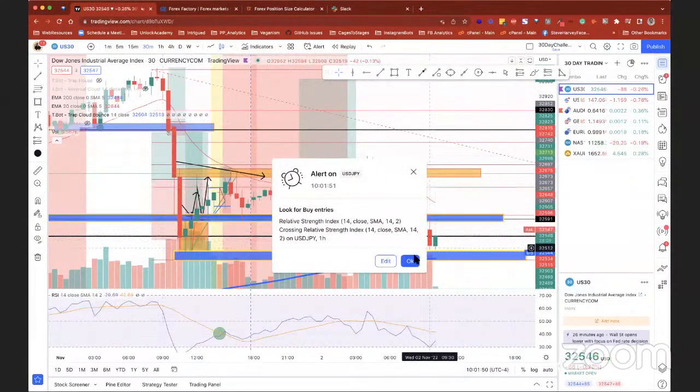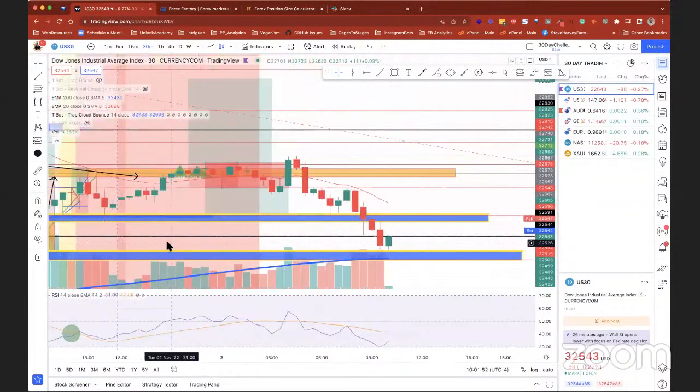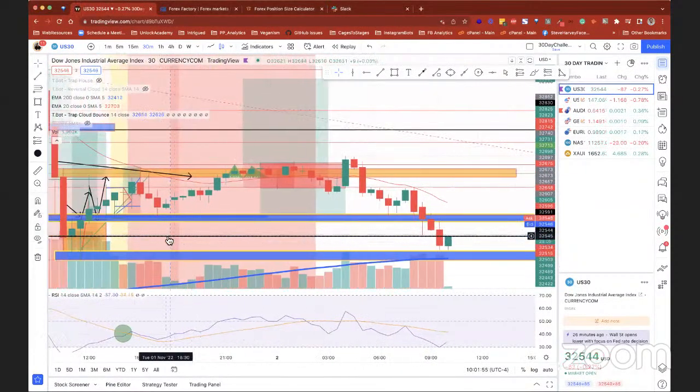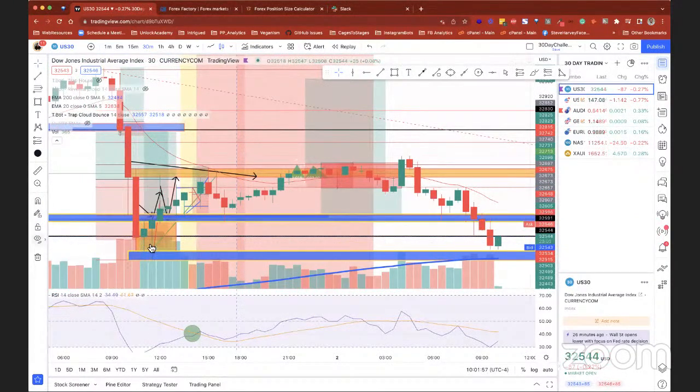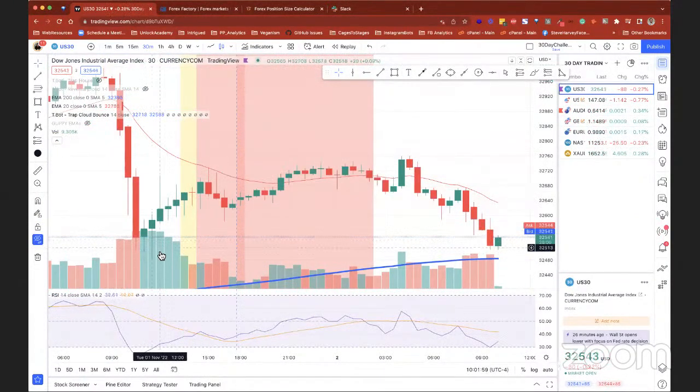Hmm. Yesterday was dangerous. Look at this green candle. These two green candles right here. This was the tricky one right here that tried to take us out.